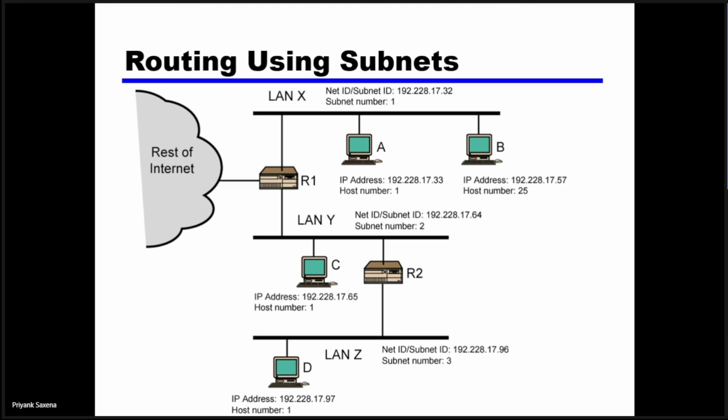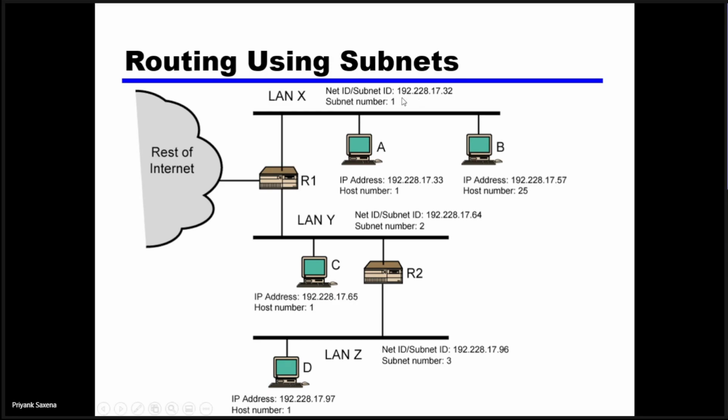For that, first a subnet mask has to be applied on this IP address, and it will give some portion. Which class is 192.228.17? This address belongs to class C.